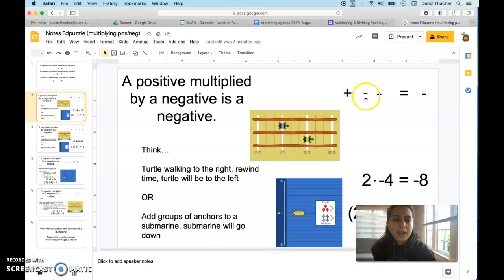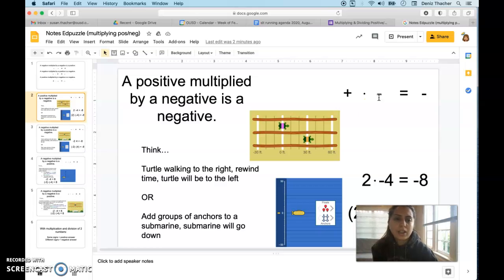Because you are multiplying that by a negative number, you can understand that as the turtle being rewound, or if you're watching a video, you're rewinding the time, going in the other direction. So that means that the turtle will end up being to the left. And that left represents that negative final answer. Or if we take a look at it using the submarines, this means that we could add groups of anchors to a submarine and the submarine would go down.